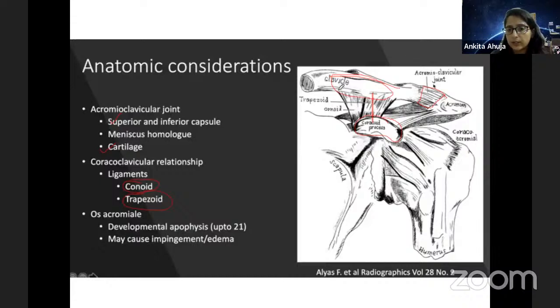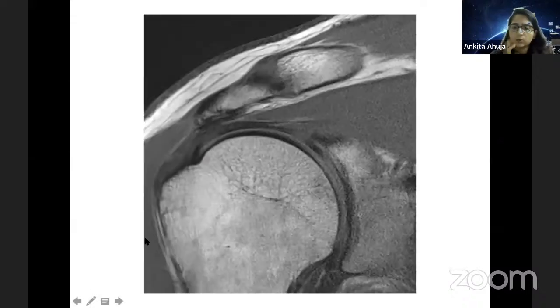The conoid is medial and the trapezoid is lateral. The name comes from the shape: conoid is triangular, and trapezoid is squarish or trapezium shaped. And you can have developmental variants, which I'm going to come to in a bit.